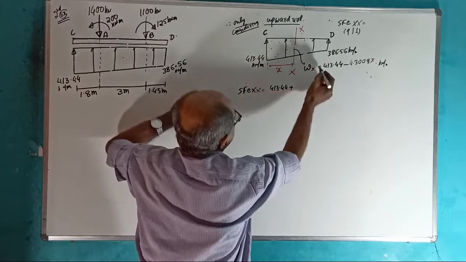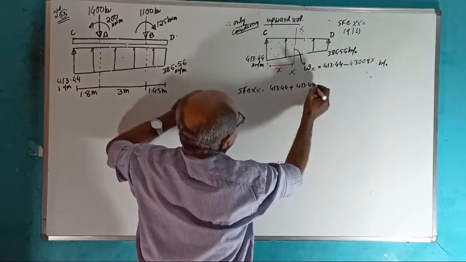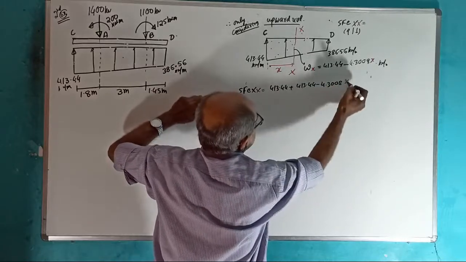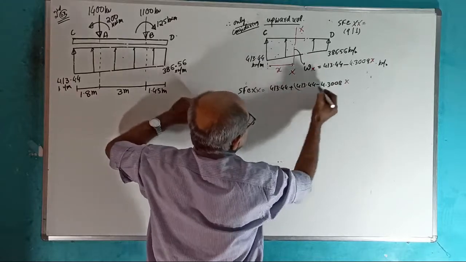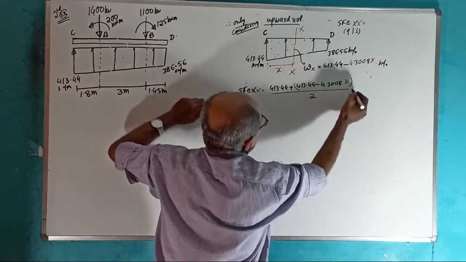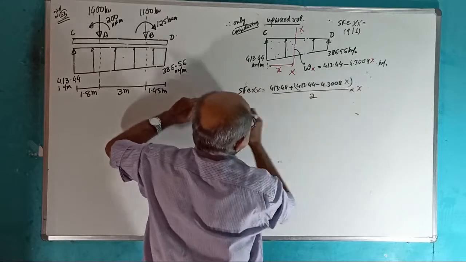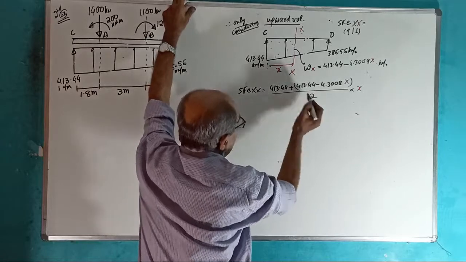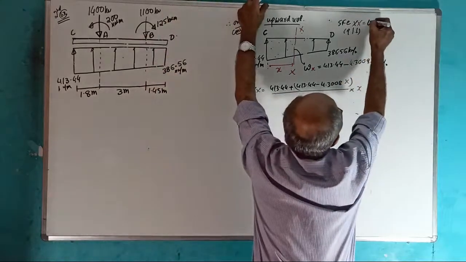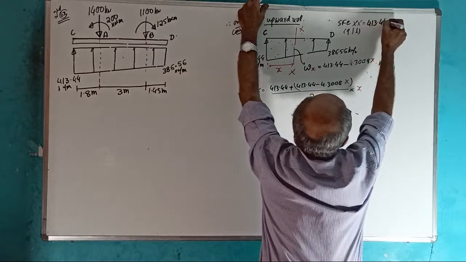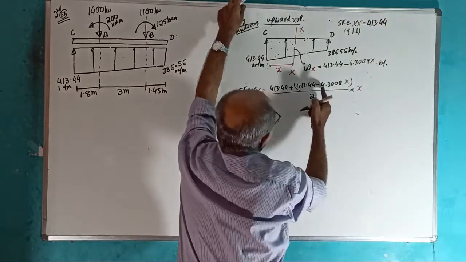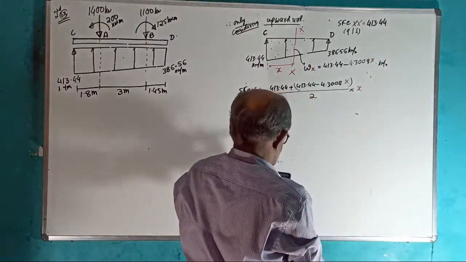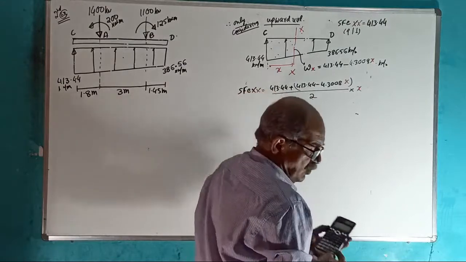413.44 plus Wx is 413.44 minus 4.3008 times x. This one plus this one, divided by 2, multiplied by x. Okay, simplify. 413.44 plus 413.44 divided by 2 is 413.44 minus 4.3008 divided by 2, which will give you 2.1504.